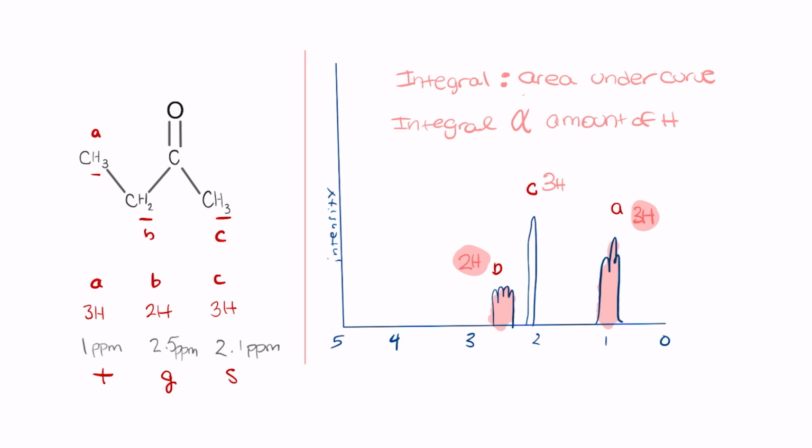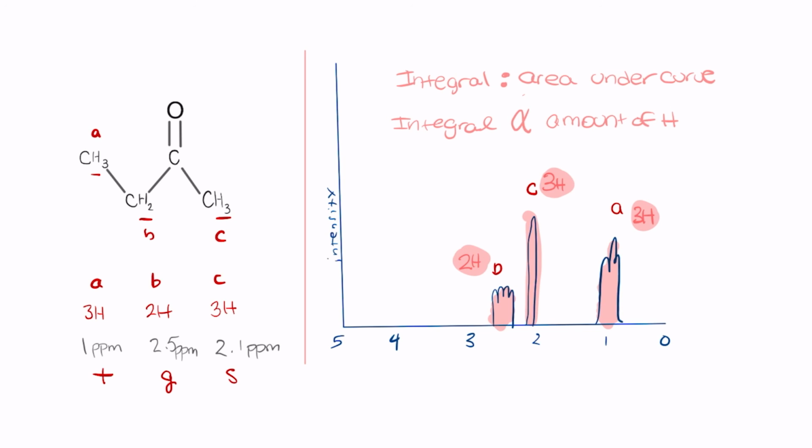Now let me ask you about signal C. Would the area under signal C be greater or less than the area under signal A? That's a trick question. The area should actually be the same, and give yourself a pat on the back if you caught that. And of course, I haven't drawn these to perfect proportion, so please don't go ahead and measure it out.